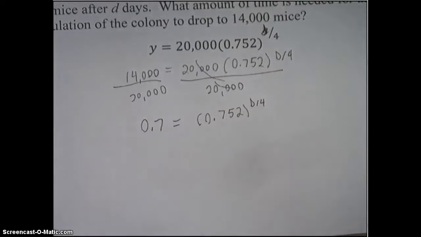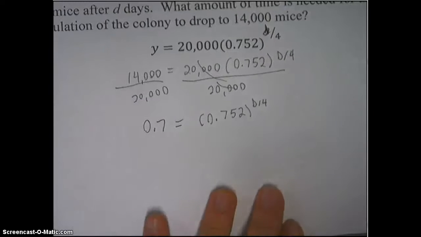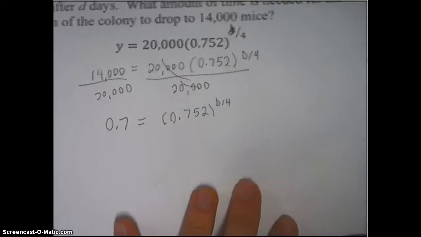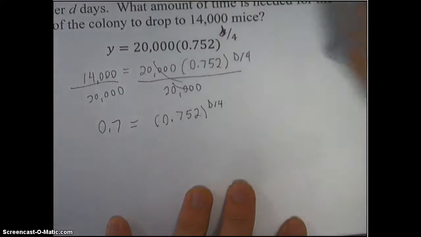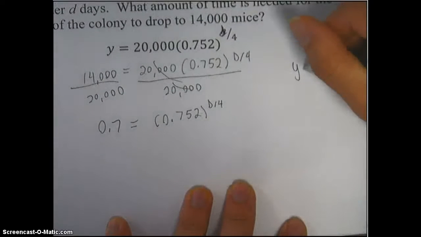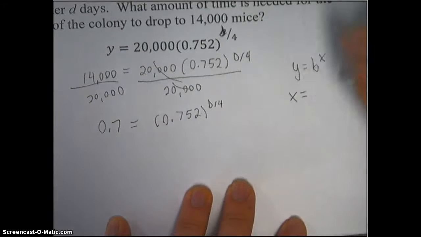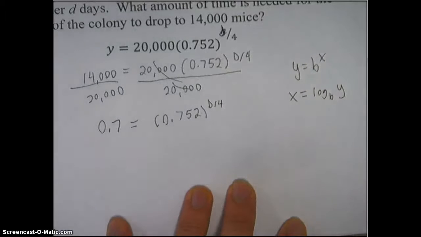At this point, we're left with an exponential that we need to solve. We got to get that d out of the exponent somehow. And I'm going to use my logarithm rules. Now remember the rule here, y equals b to the x. We can rewrite that as a logarithm if we write x equals log base b of y.